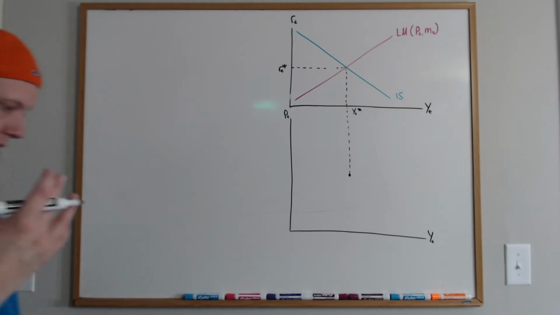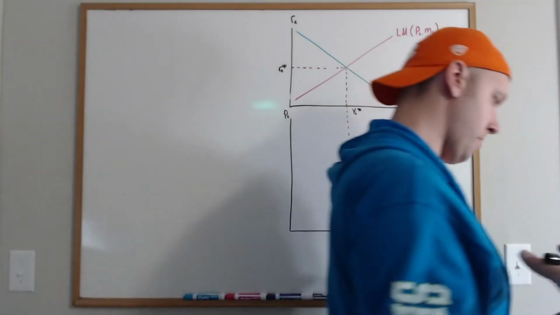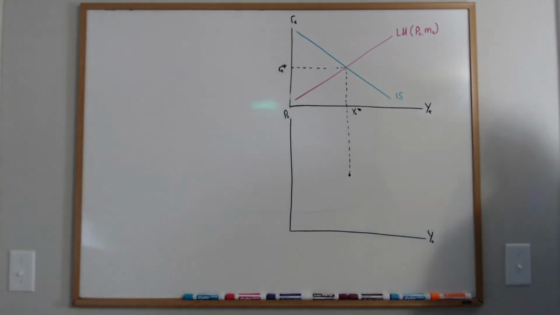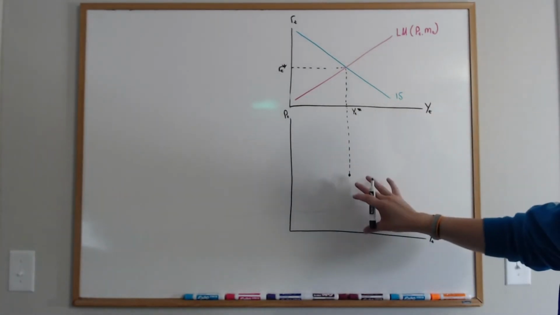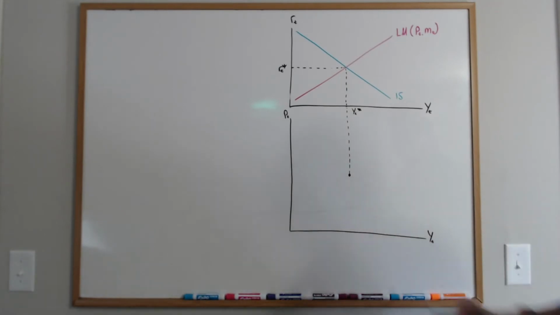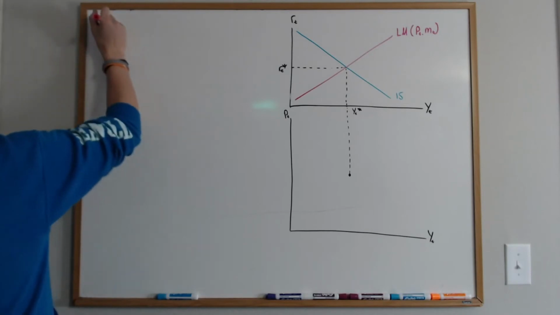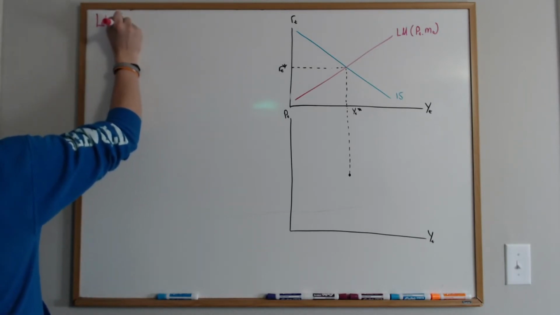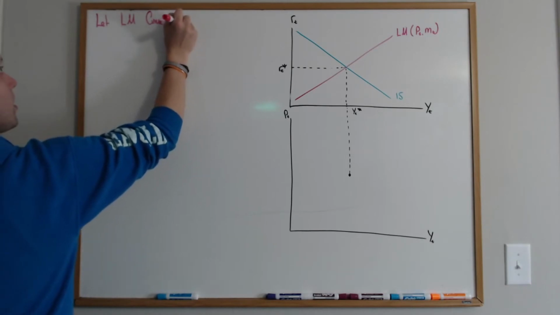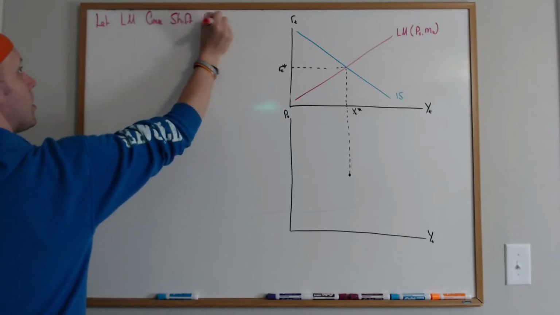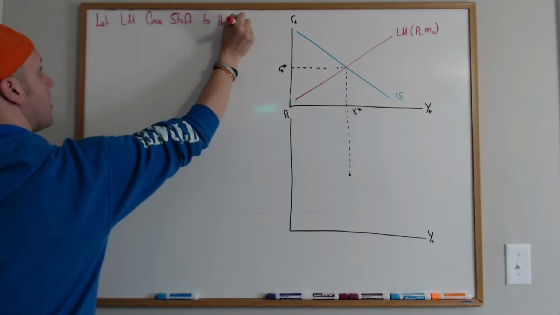Now, we could either shift the IS curve or the LM curve. It doesn't particularly matter because no matter which one we move around, we'll be able to trace out aggregate demand. So we're going to let the LM curve shift to the right.